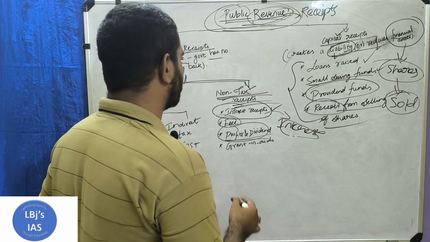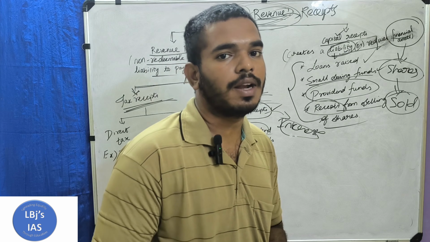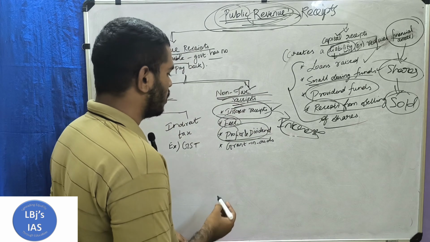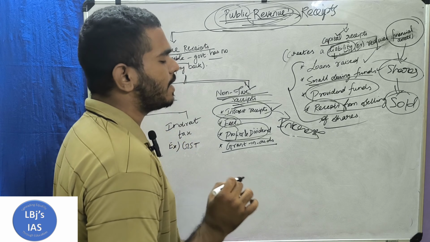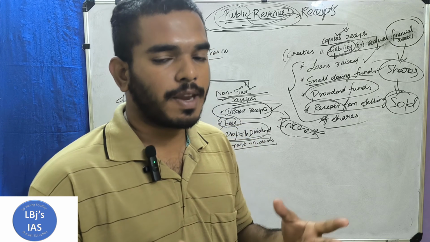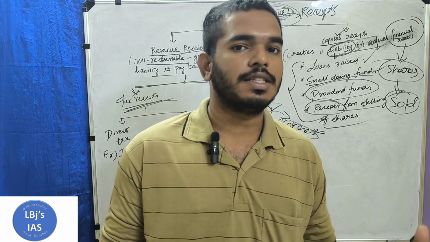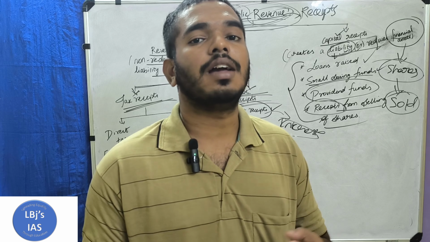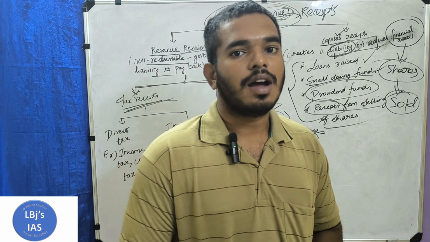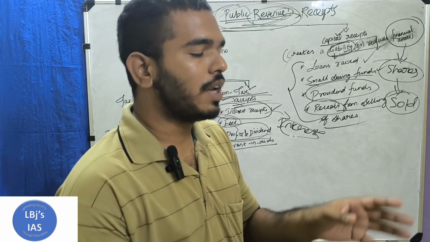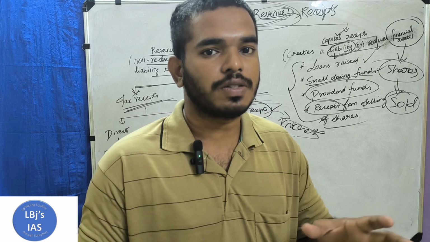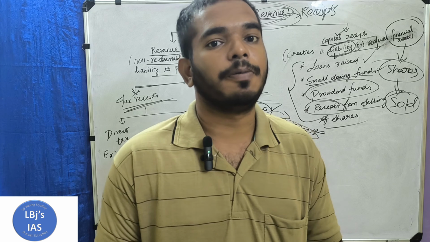It is a revenue receipt because the government has no liability to give it back, because it was a profit. No need to give it back to anyone. Then grant-in-aid. If a government receives any amount of money from any organization or any country during an extreme situation, such as a flood or a pandemic, the government may not give it back because it was provided as help.